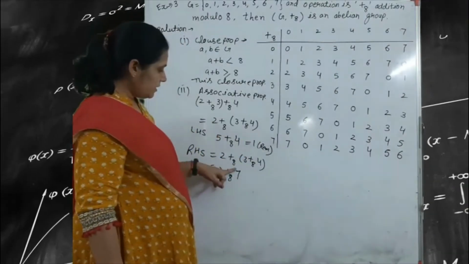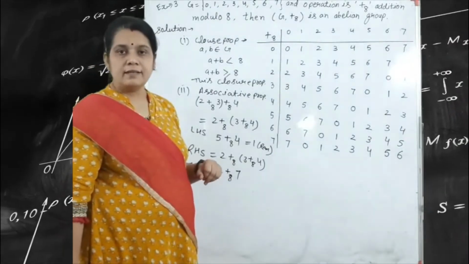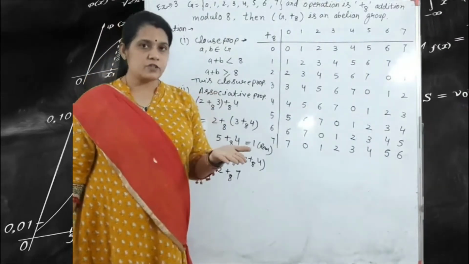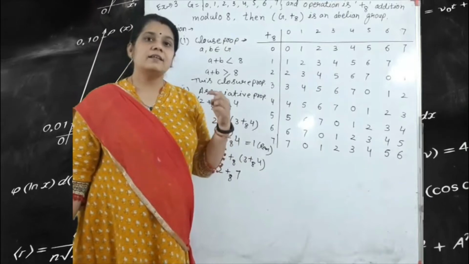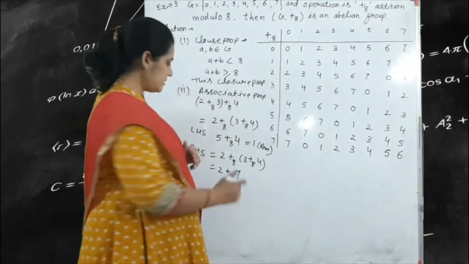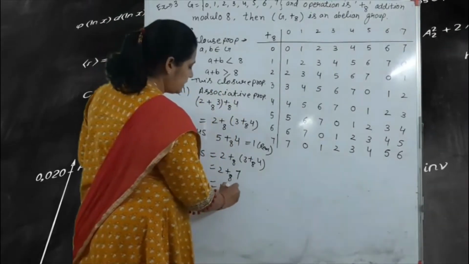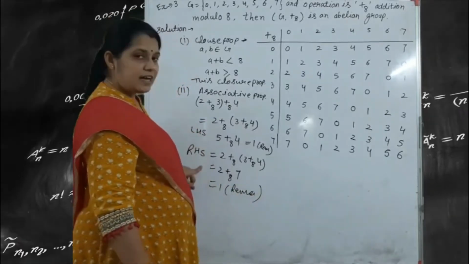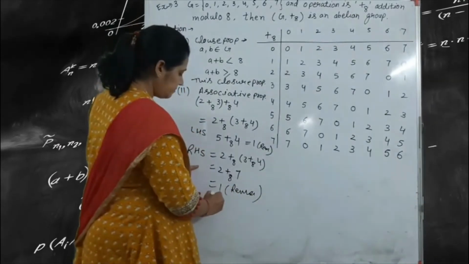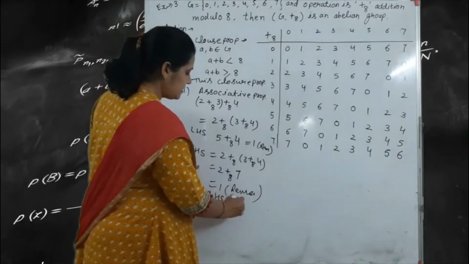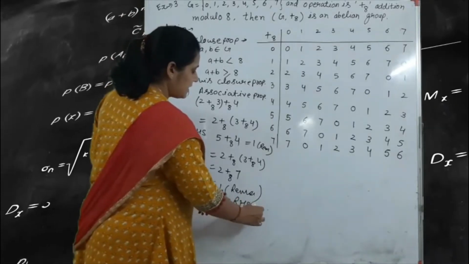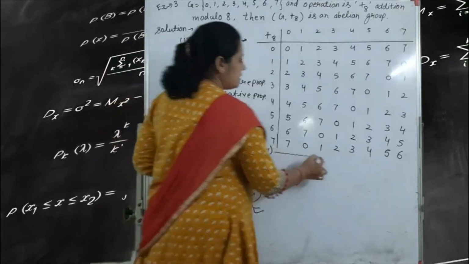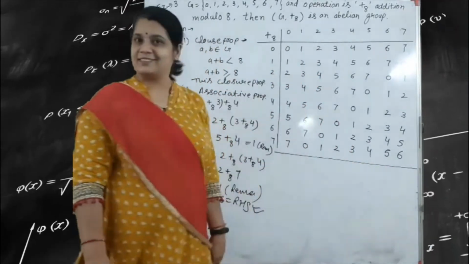So 2 plus 7 equal to 9, and 9 is greater than 8, that means we divide 9 by 8. So remainder is 1. Don't be confused here, we write the remainder. Okay, so LHS and RHS both are equal, LHS is equal to RHS. So this satisfies the associative property. Got it?